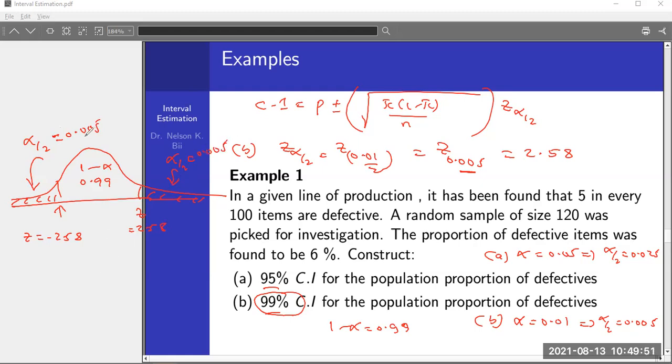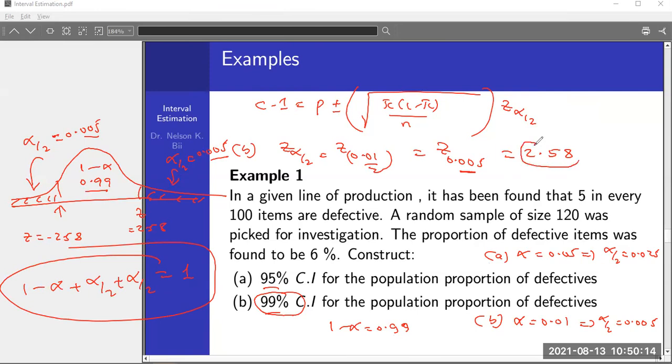So when you say 0.005 plus 0.005 plus 0.99, that's like saying 1 minus alpha plus alpha by 2 plus alpha by 2. Do you get 1? You should get 1, isn't it? That's what we saw in our previous derivations. So the only difference between these two is in terms of this value of z.